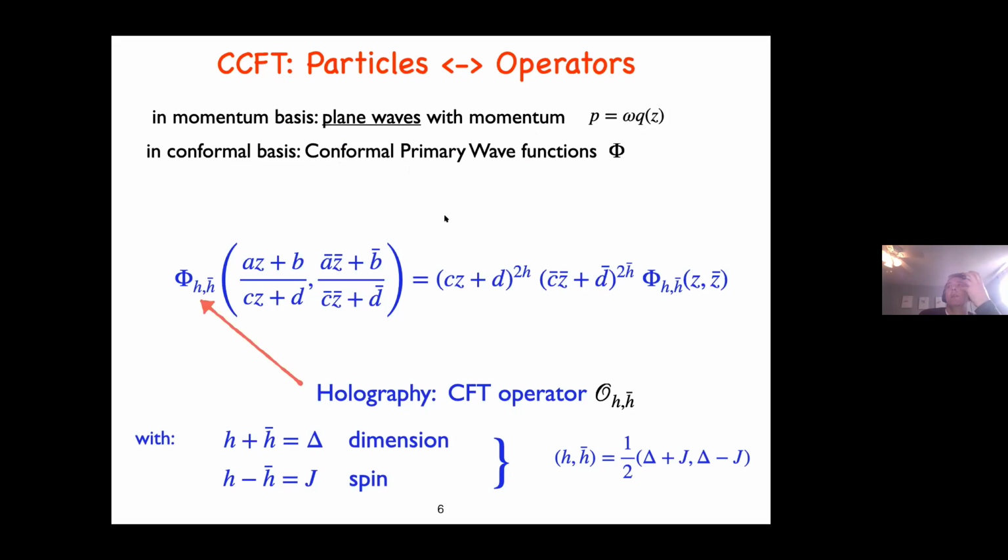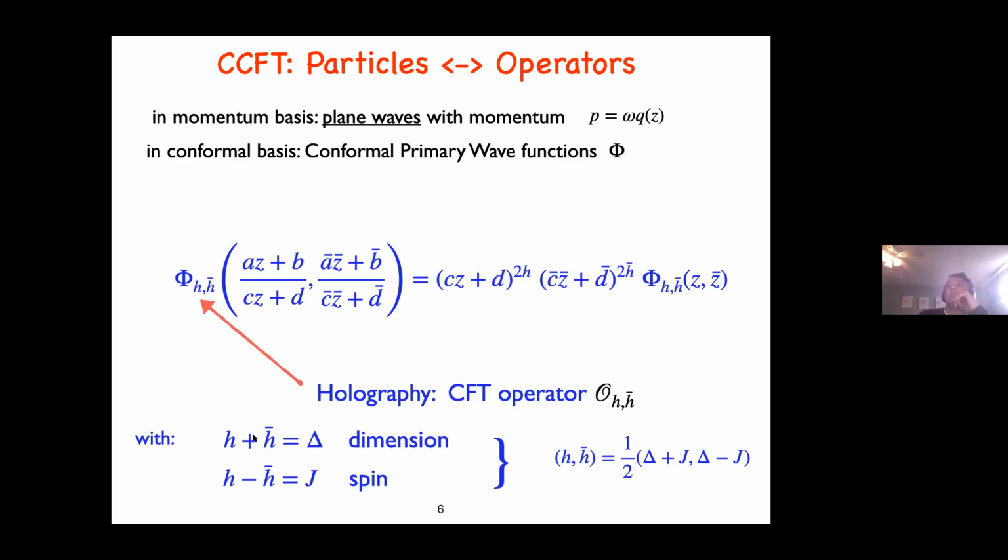The important thing about those is that they should have nice properties. They should transform nicely under global conformal transformations, under SL2C. So in principle, we expect to have some kind of field, some wave function, that under an SL2C transformation transforms in this manner, with holomorphic weight h and anti-holomorphic weight h bar.